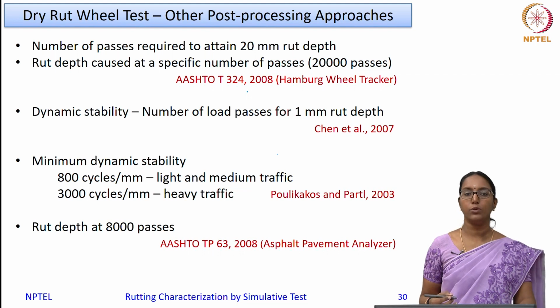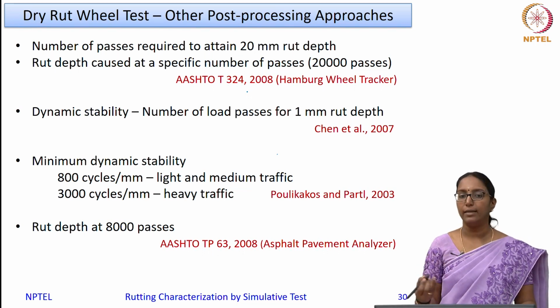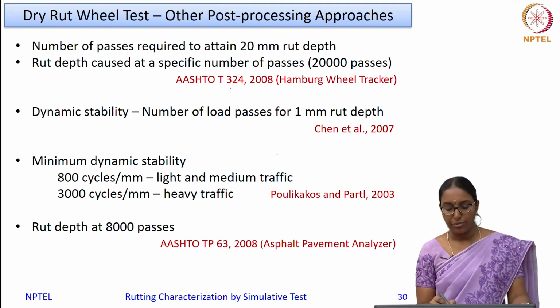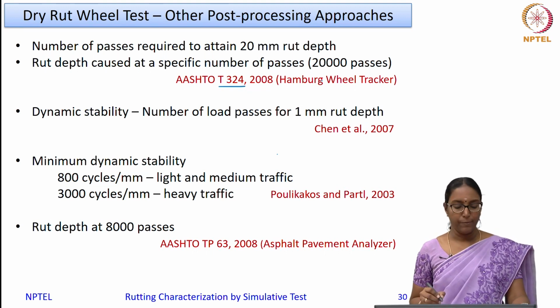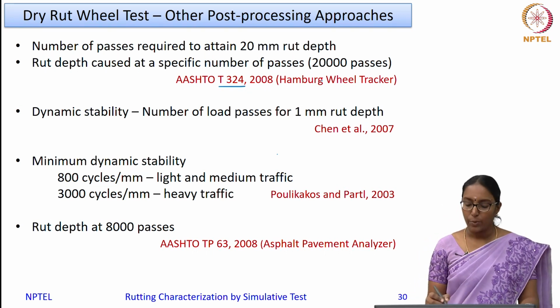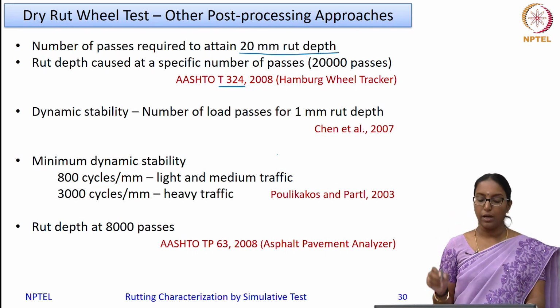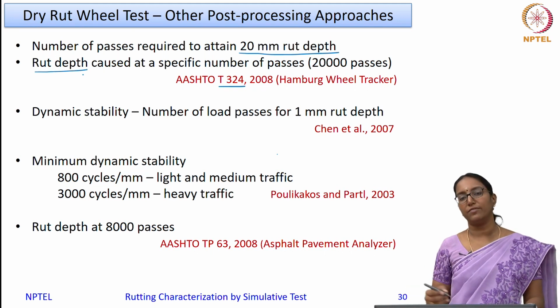There are other approaches by which you process the data and you set failure criteria for these materials. As per AASHTO T324, which uses the Hamburg wheel tracker, the number of passes required to attain a 20 mm rut depth is taken as the criterion, or you compute the rut depth caused after a specified number of passes.